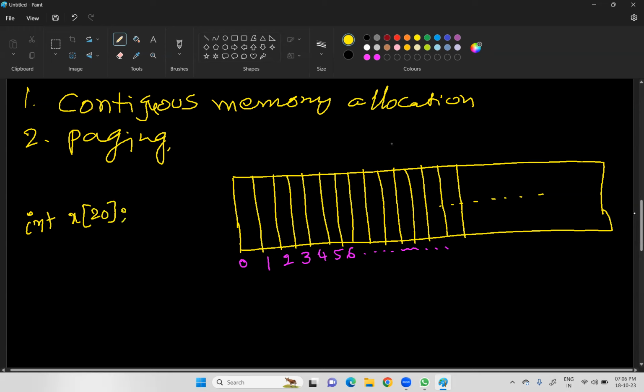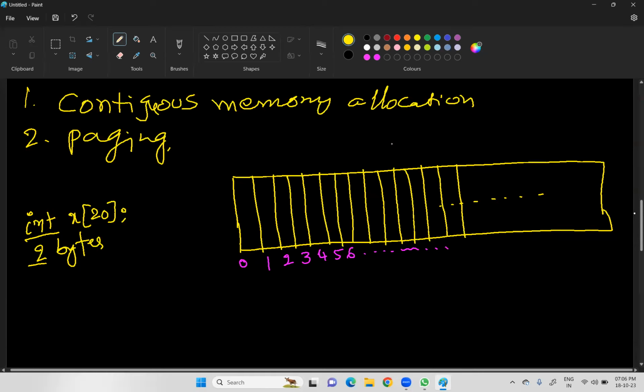Now, as far as our basic idea regarding any language, look at this. An integer gets 2 bytes in memory. I'm talking about C programming only; don't consider any other languages. So 2 bytes.